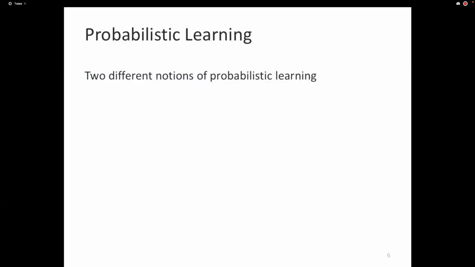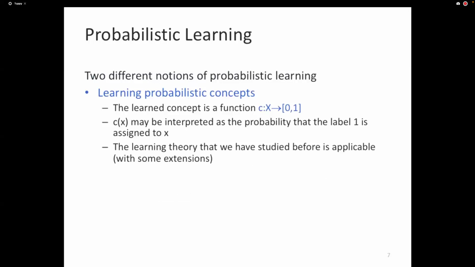When people say probabilistic learning, there are 2 different things that tend to get conflated under the same banner. One of them is you learn a concept that is a probability, that produces a probability. So typically, what we've seen is the learned concept is, if you think of, for example, classifiers, a label, either it's +1 or -1. But nothing says that the learned concept cannot be a probability distribution itself. What's a probability distribution?